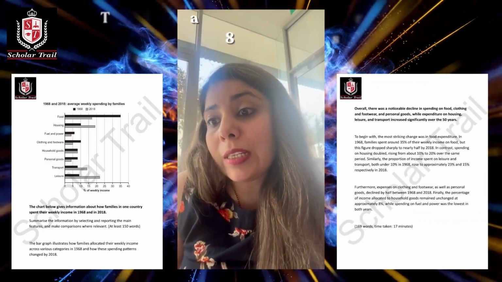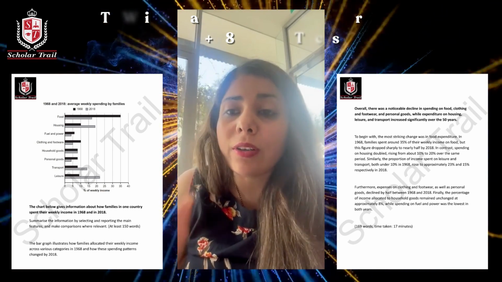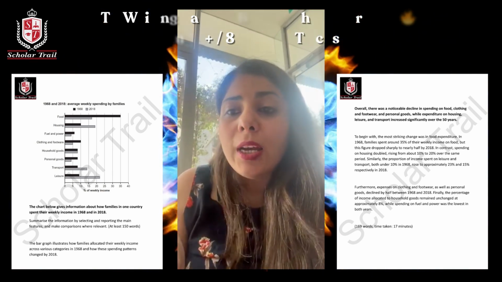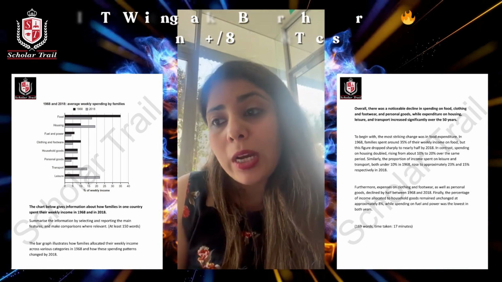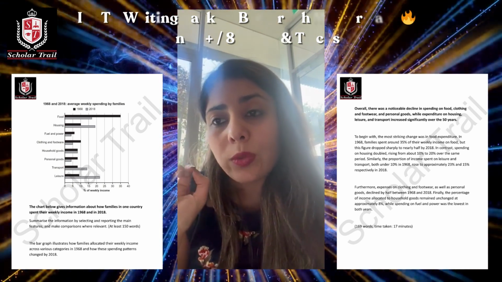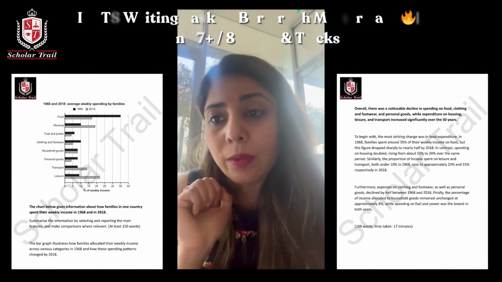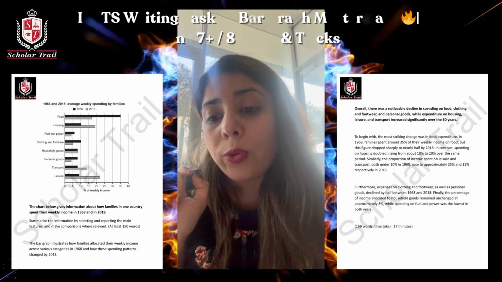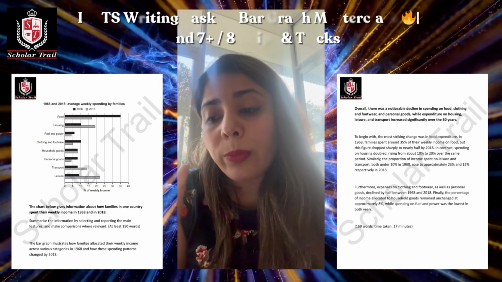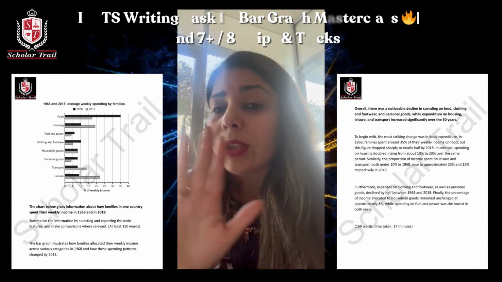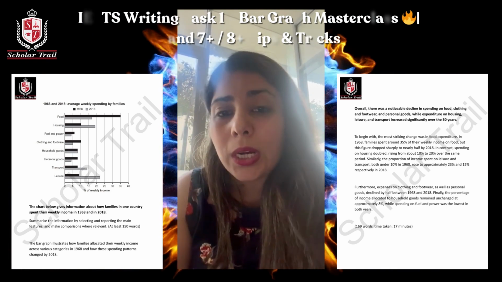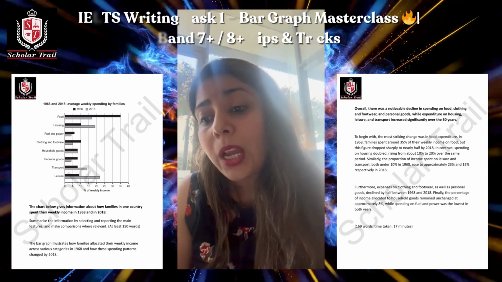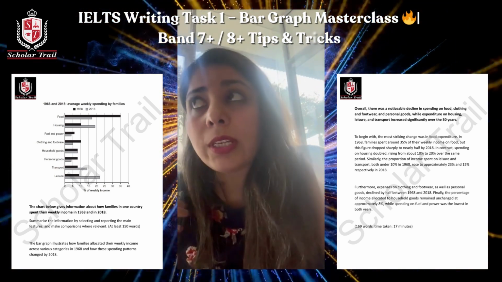Alrighty, so now we're going to start with our bar graph. I'm trying to help you understand how to answer this bar graph. I've taken this one from one of the Cambridge official books. It is about the chart which shows information about how families in one country, they haven't named the country, spend their weekly income in 1968 and 2018.